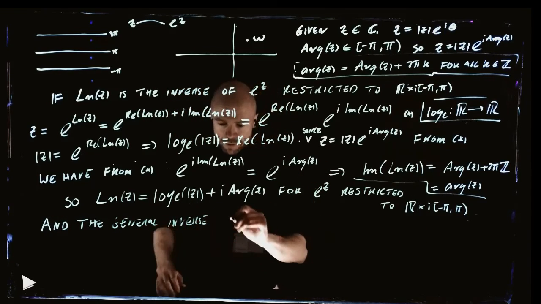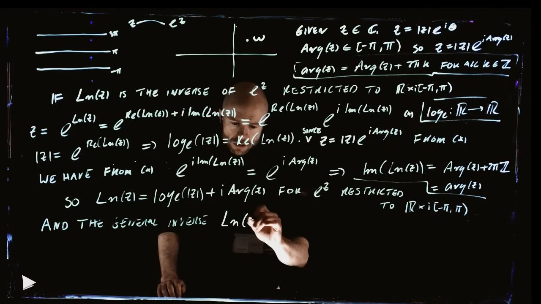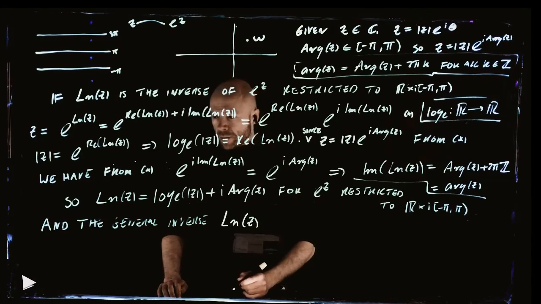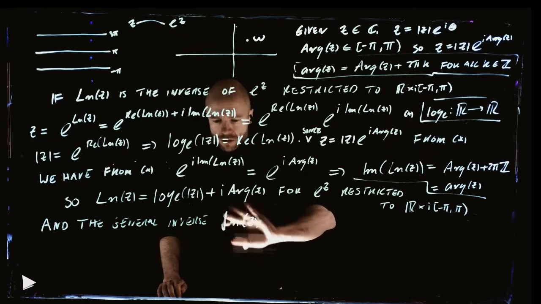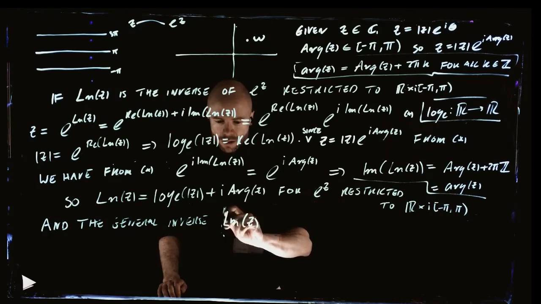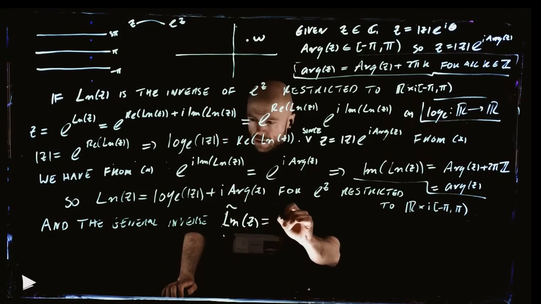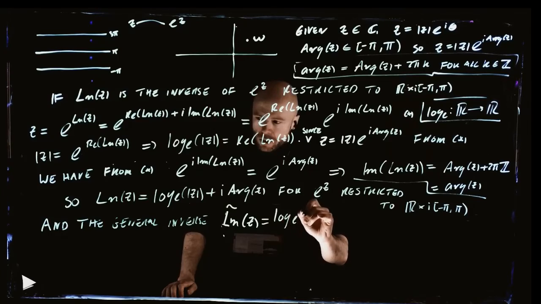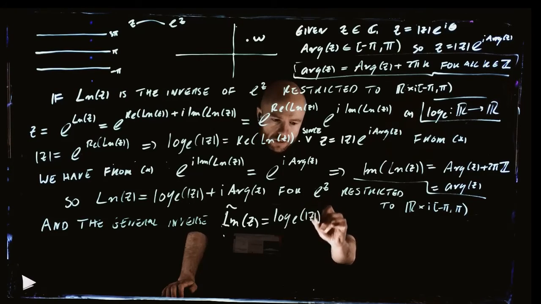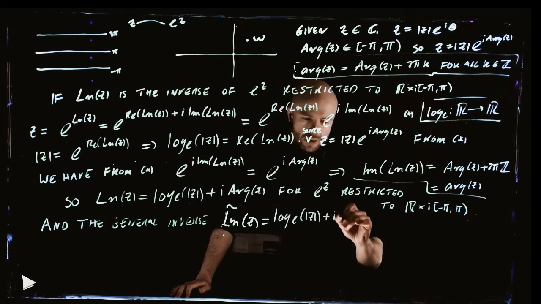The general inverse is given by this. So better perhaps to have different notations for these two guys. Maybe, I don't know, I will say log e and then put a tilde or something, log e, C, and now we have this.